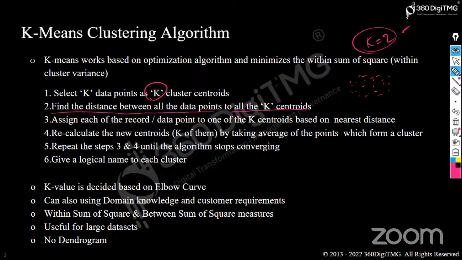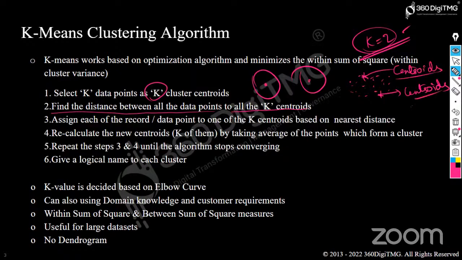When I say 2 clusters, this is one center for this cluster. So when I say 2 clusters, you will be having 2 centroids. Let us assume that I have taken these as 2 centroids, randomly considering. Initially, I don't know until and unless I read the data.